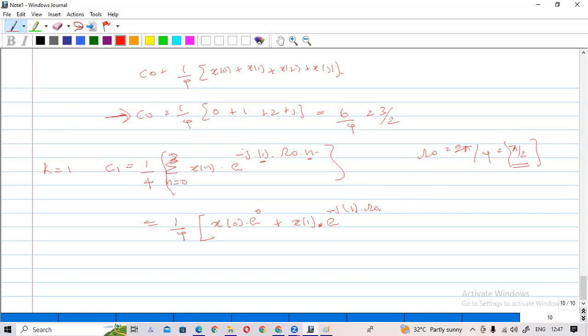So this will be e to the power minus j 1 omega naught, plus x[2] e to the power minus j 1 omega naught 2, plus x[3] e to the power minus j 1 omega naught 3. So you have these values.